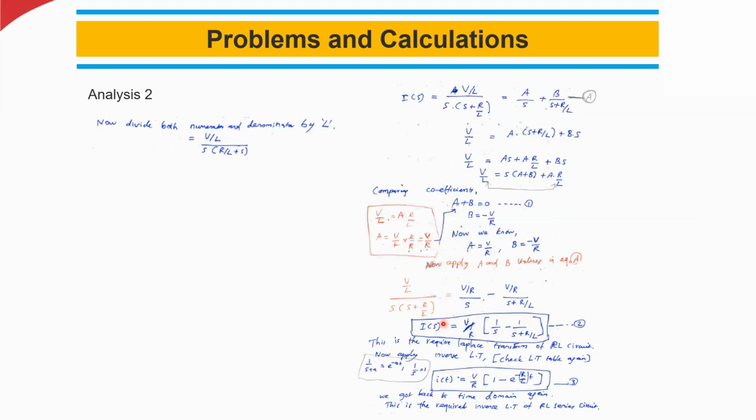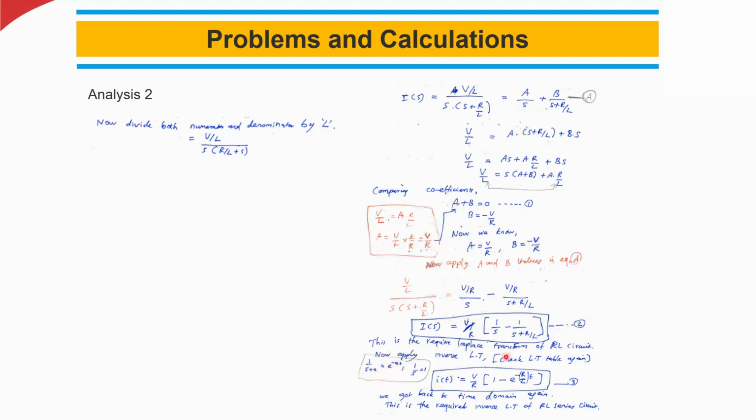Now I have to apply the inverse Laplace transform and convert this equation again into the time domain. What is the formula for the inverse Laplace transform? For example, the inverse Laplace transform of 1 divided by s plus a, I told you in the previous analysis, is e to the power minus a times t.